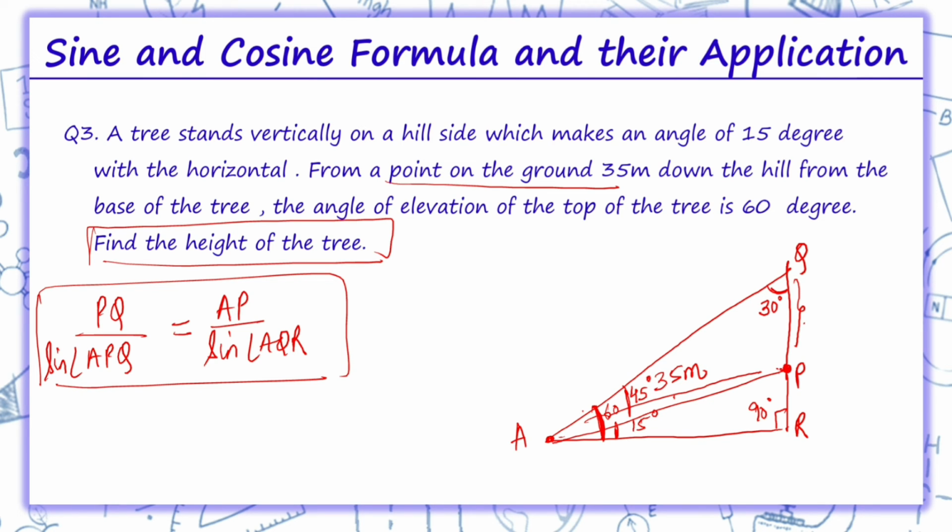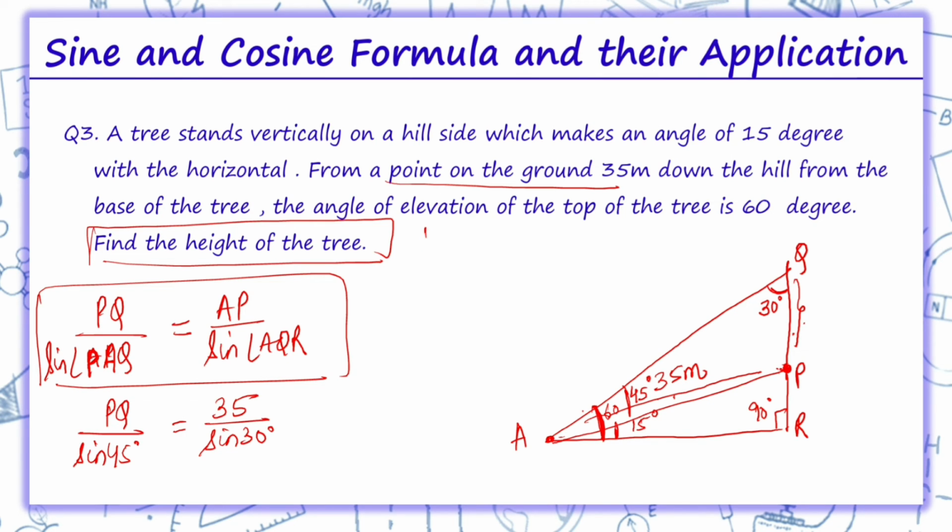Now substituting values over here, PQ upon sine PAQ, because PQ is the side and the opposite angle is PAQ. So sine PAQ is equal to sine 45 degree. AP is 35 meter. Sine AQP is sine 30 degree.